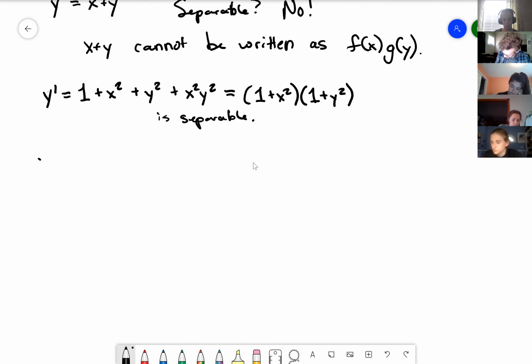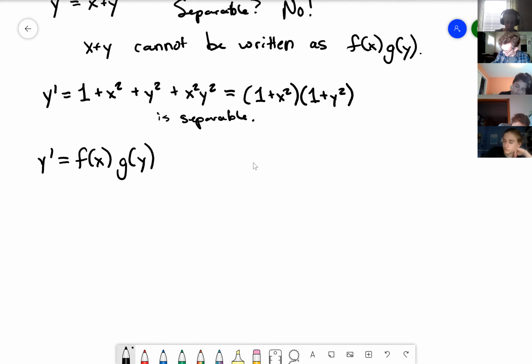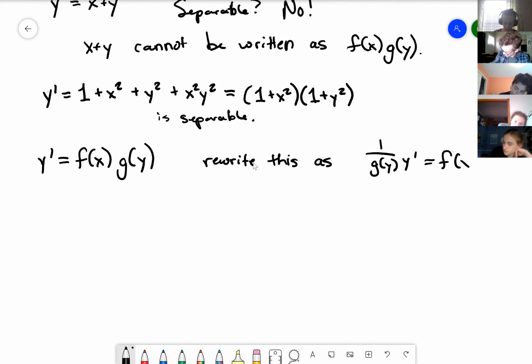Let's start off by saying we have y prime is equal to f of x times g of y, and let's rewrite this as 1 over g of y times y prime is equal to f of x.